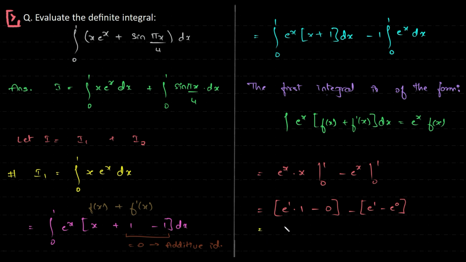Okay, I'm going to do it step by step. So this is e minus e minus 1. So this is e minus e plus 1, and so this is 1. That's what I was trying to tell. So instead of doing all of that, you could have cancelled this e, and e to the power of 1 is 1, e to the power of 0 is 1, so minus of minus is plus 1.